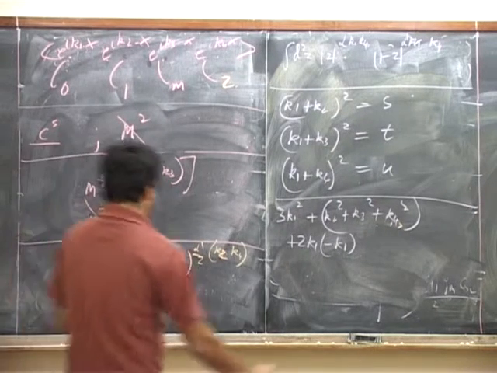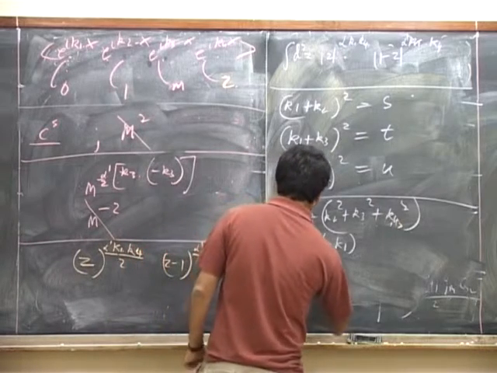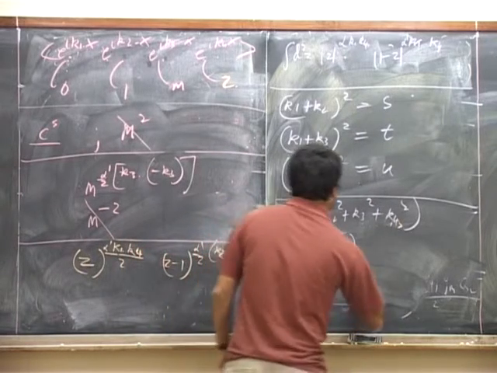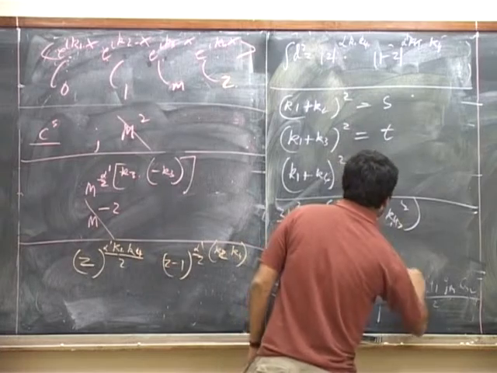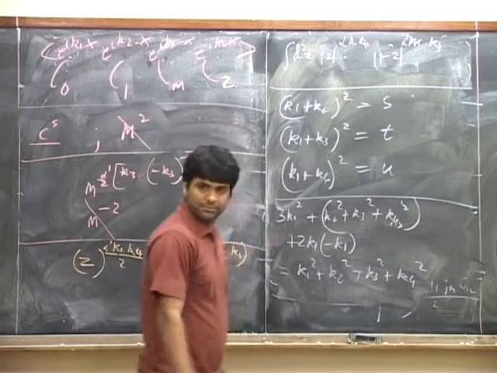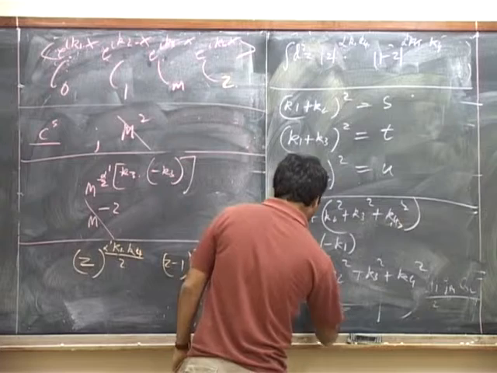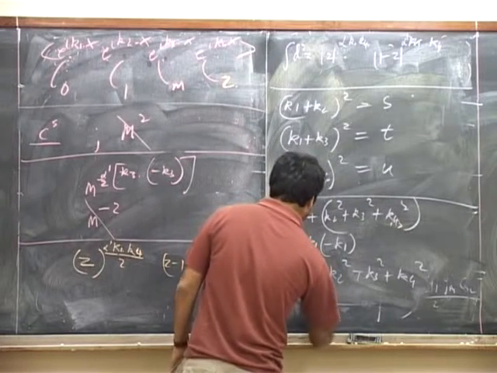Which is equal to k1 squared plus k2 squared plus k3 squared plus k4 squared, which is equal to 16 by alpha prime.